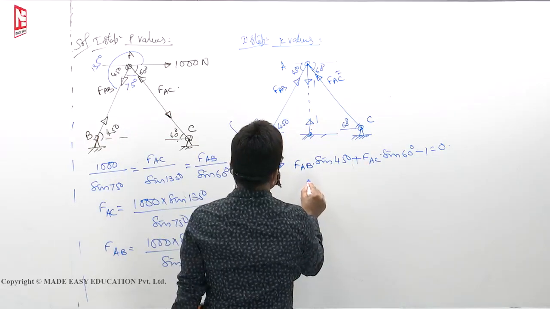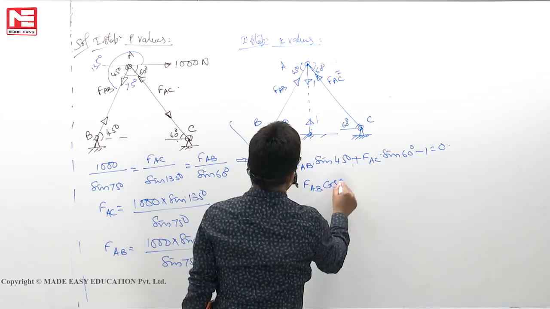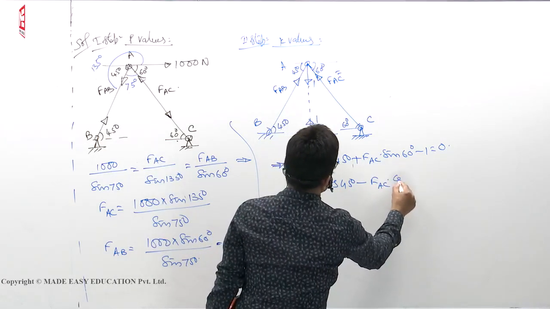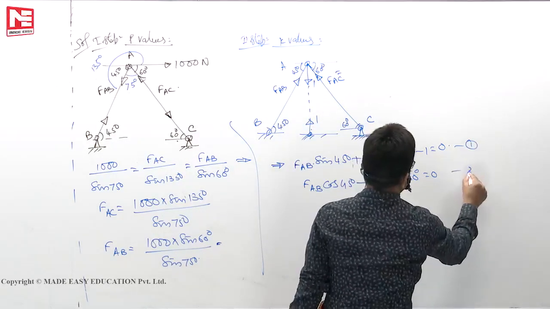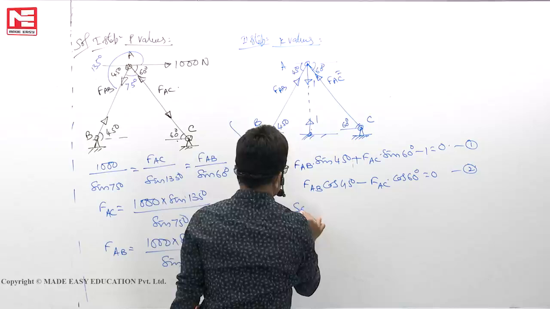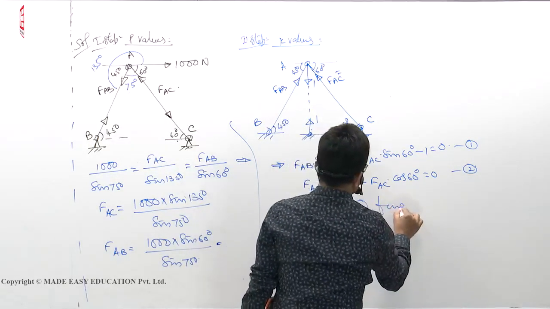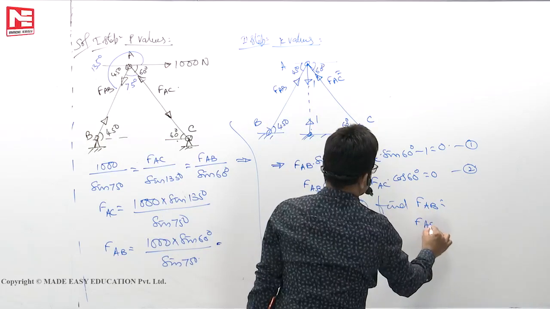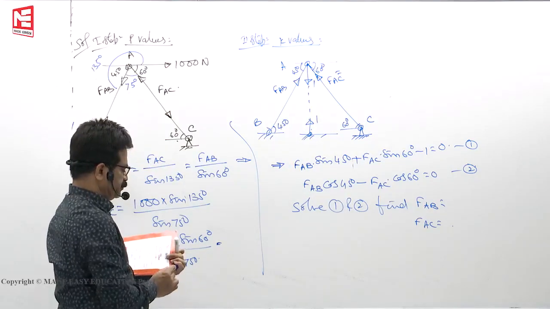If you write sigma x is 0: FAB cos 45 minus FAC cos 60 must be 0. Solve 1 and 2, find FAB, FAC. So P values, K values we find.